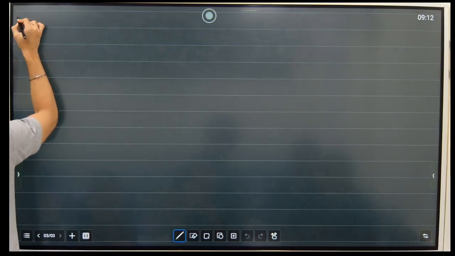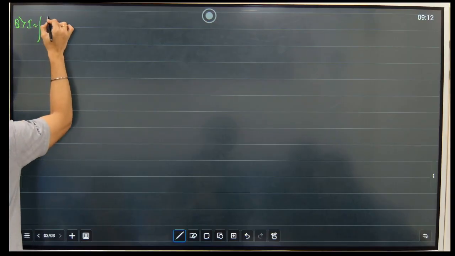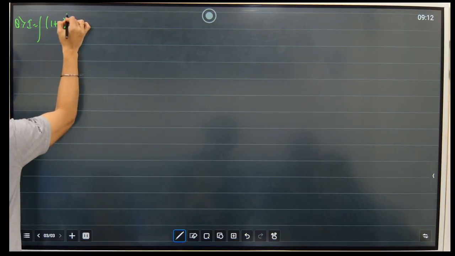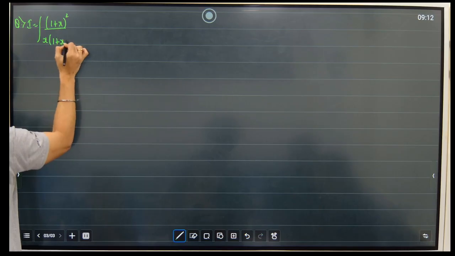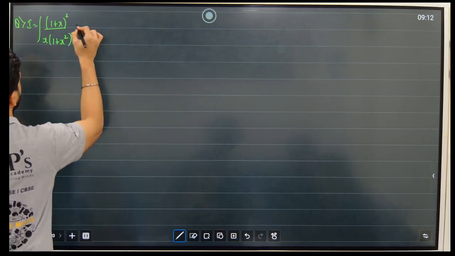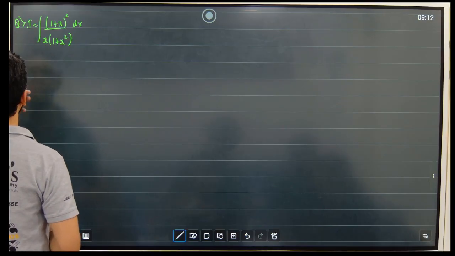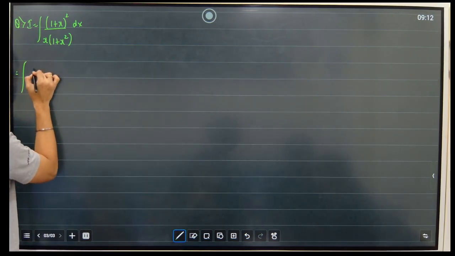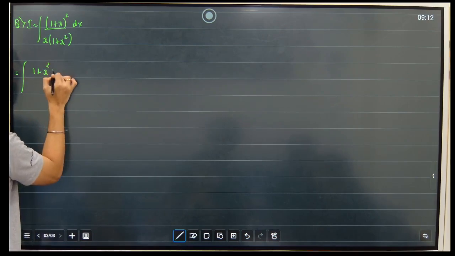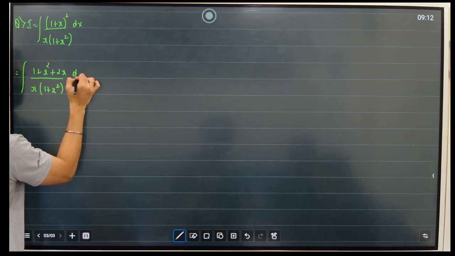Now, my question will look something like this. If my question is (1 plus x) the whole square upon x into (1 plus x square) dx, which is equal to (1 plus x square plus 2x) upon x into (1 plus x square) dx.